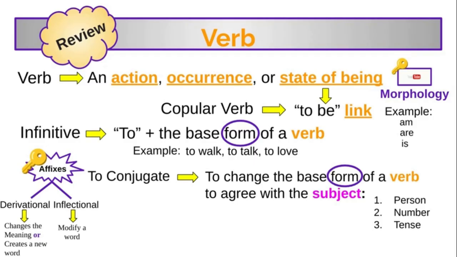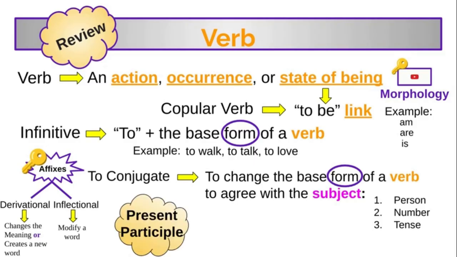That's the goal. Now, a present participle. A present participle is simply the base form of a verb plus an ing suffix. Example, here we have the base form of the infinitive to walk, walk.